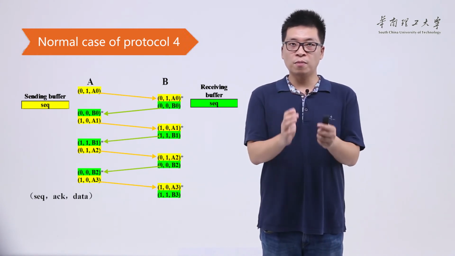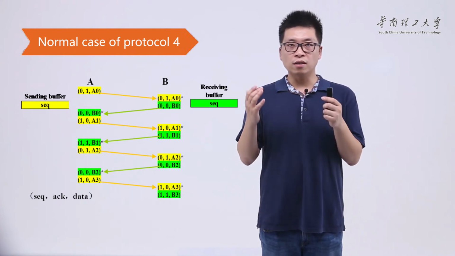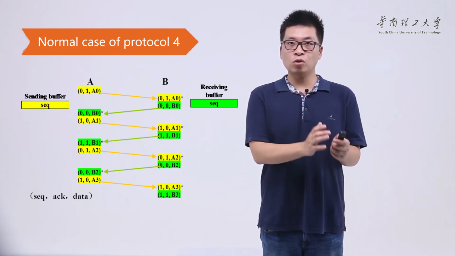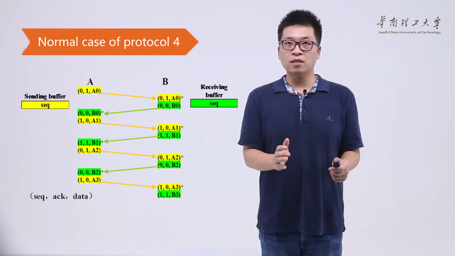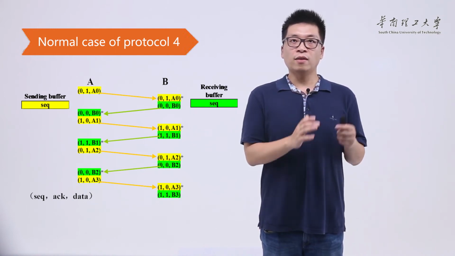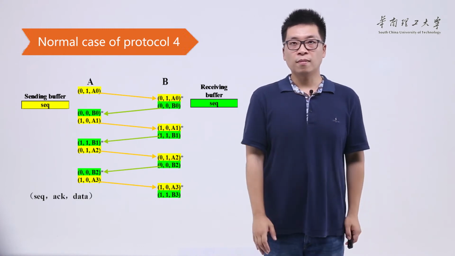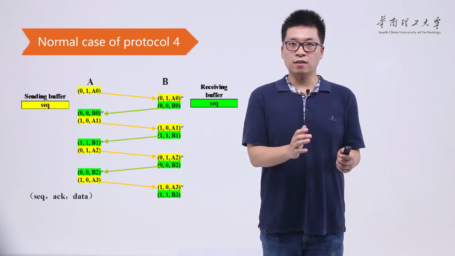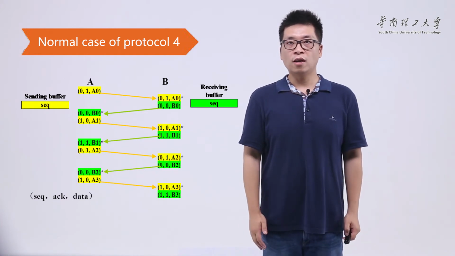The acknowledgement number is 1, which is invalid; it just says this is the initial frame of the communication. When B receives A0, B will send back B0, and it carries the acknowledgement for A0. This is a normal case of the communication in Protocol 4.